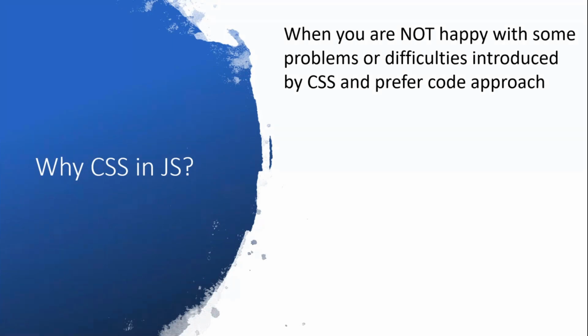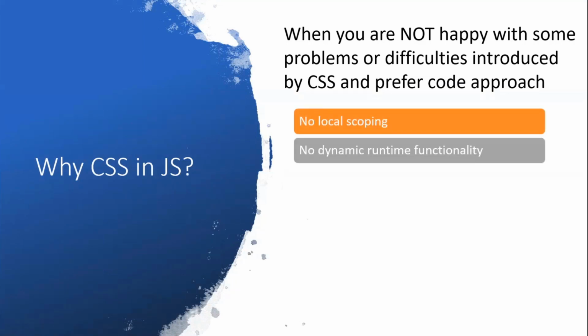Yeah, it's true that CSS in JS is not a silver bullet, and it's just a modern alternative to known proven things. But historically, when we talk about pure CSS, CSS has some problems, maybe some difficulties. You can see some of them on the screen.